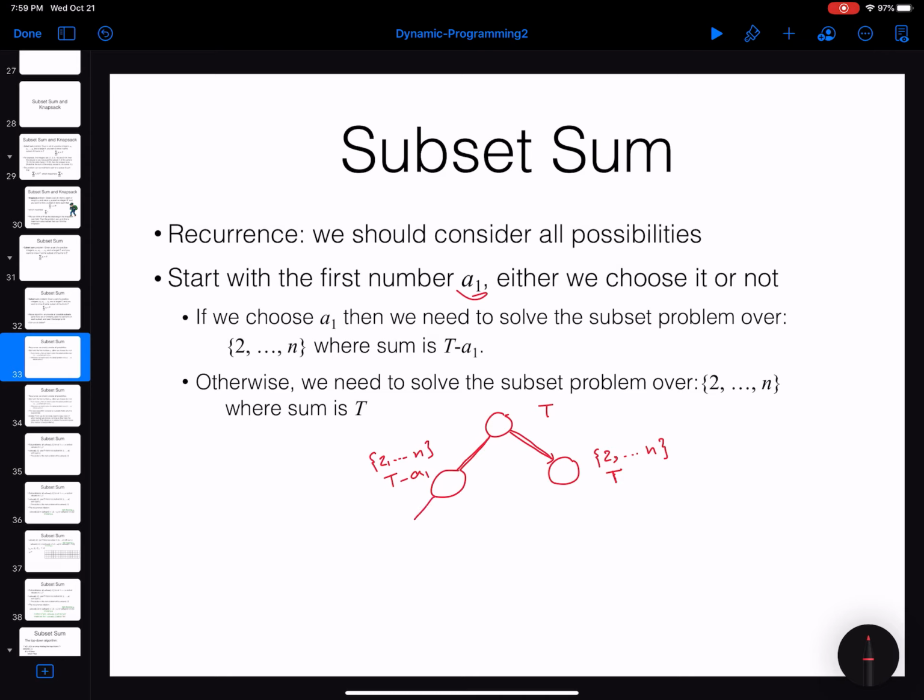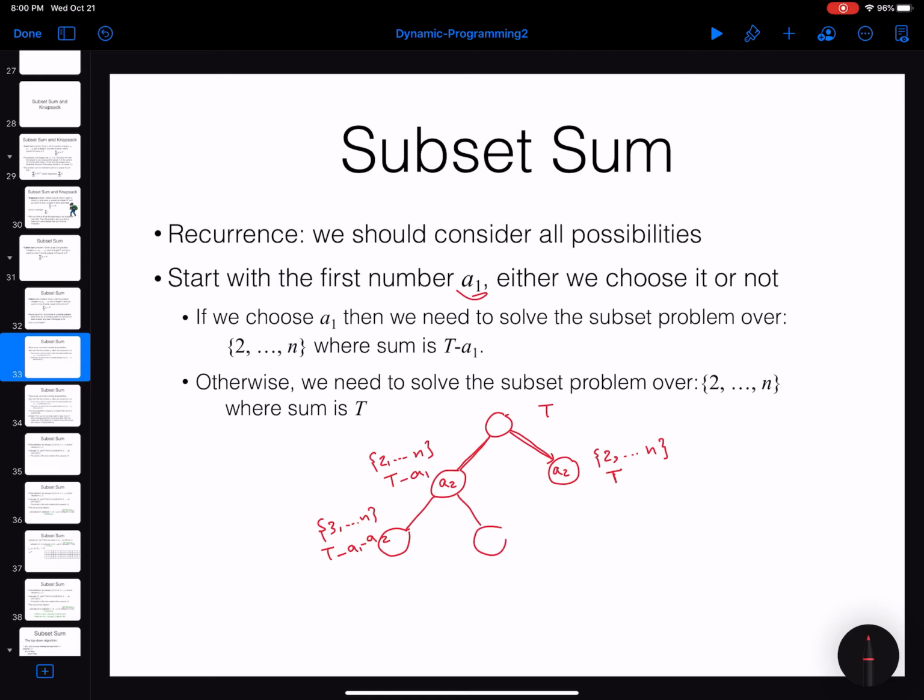Okay, and then again, you just repeatedly do the same. For example, here you are going to decide about A2, and here you are going to decide about A2 again. If you take A2, it's like you are going to find a subproblem that has all the numbers from A3 to AN, with the summation T minus A1 minus A2.